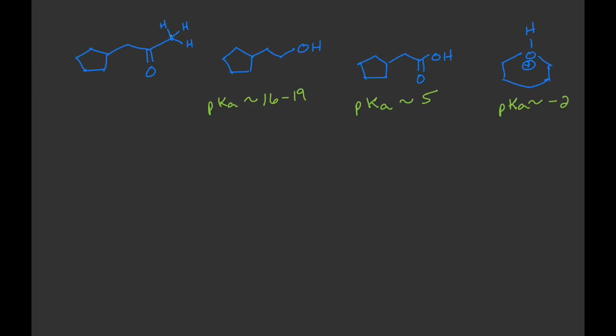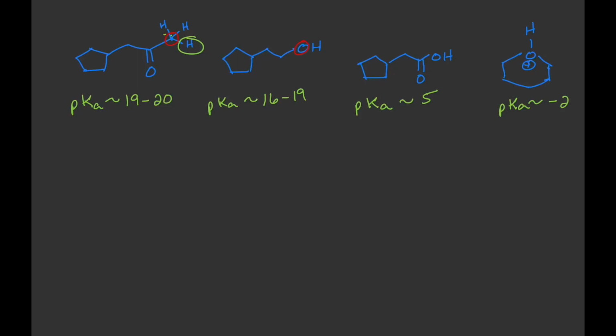The pKa for this proton is around 19 to 20. So again, the pKa of the methyl group is pretty close to the alcohol. The alcohol is only slightly lower because the oxygen is more electronegative than the carbon. Oxygen is more electronegative than carbon, so it can more easily hold on to that negative charge.